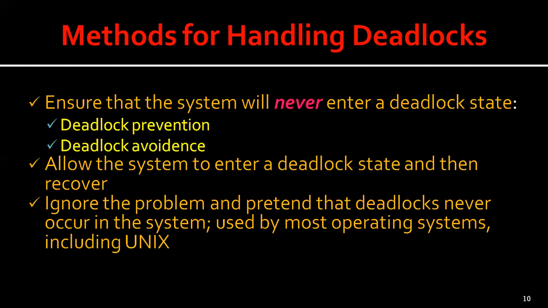If none of these methods, that is deadlock prevention, avoidance, detection or recovery, are provided to the system, then an undetected deadlock will result in the deterioration of the system's performance.